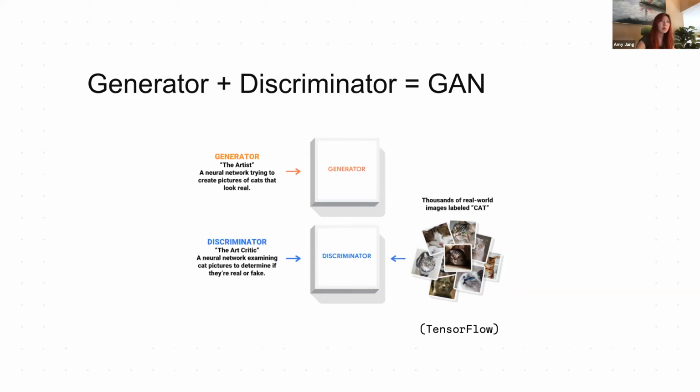So how this works is that the generator and discriminator are trained against each other. The generator tries to create images that will fool the discriminator into thinking that they're real. And the discriminator tries to stay on top of the generator by being able to accurately classify the generated images and not be fooled by the generator. So that's a GAN.